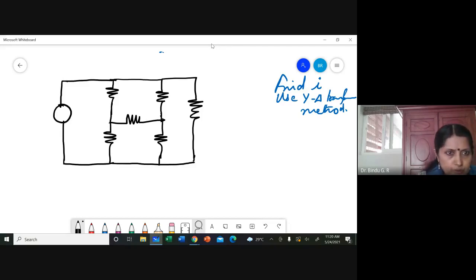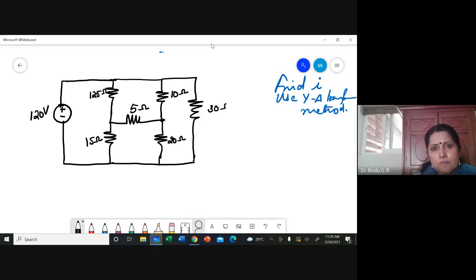This is 12.5 ohm, 12.5 ohm, 15 ohm, 5 ohm, 10 ohm, 20 ohm, 30 ohm.